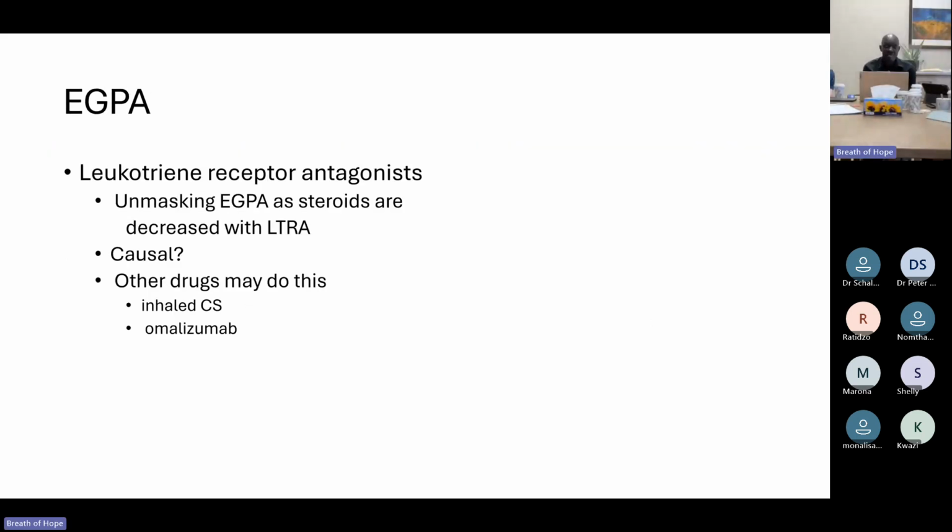With EGPA, most of these patients will be on leukotriene receptor antagonists, because we always want to stabilize the nasal mast cells. And unfortunately, it tends to unmask EGPA as steroids are decreased with the leukotriene antagonists. It tends to be casual, and other drugs may do this also, inhaled steroid and omalizumab.